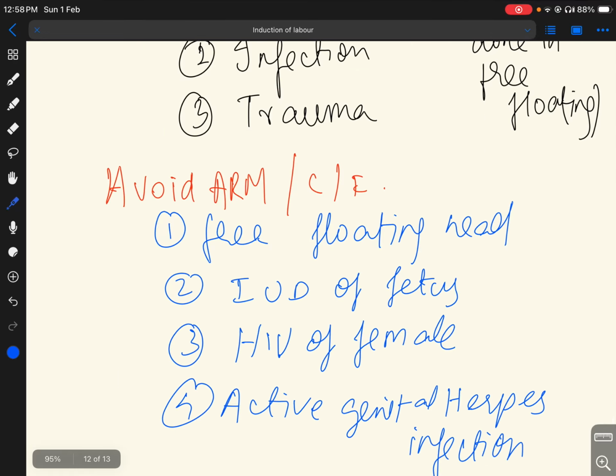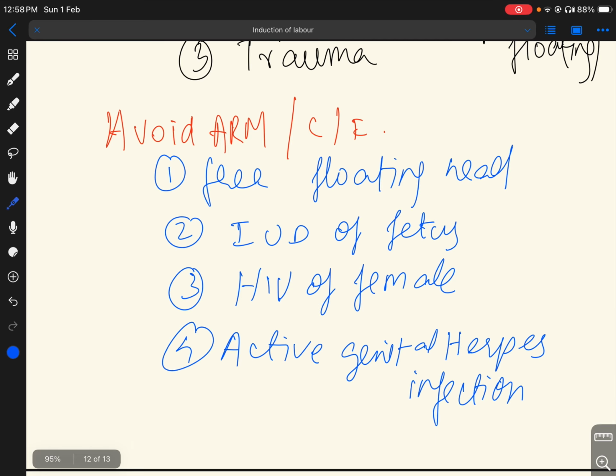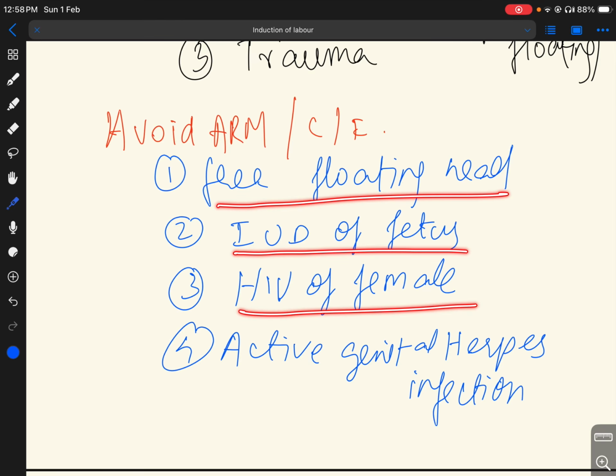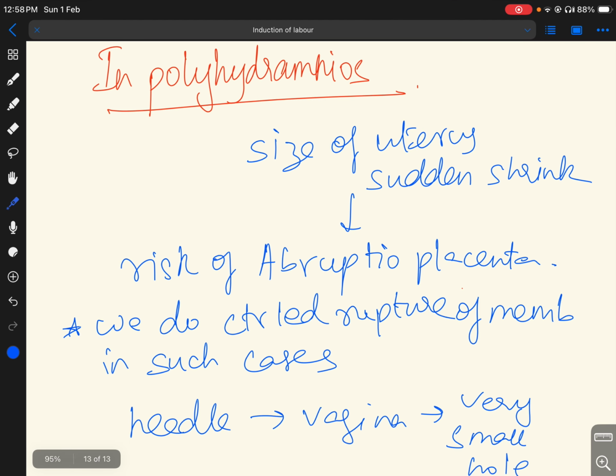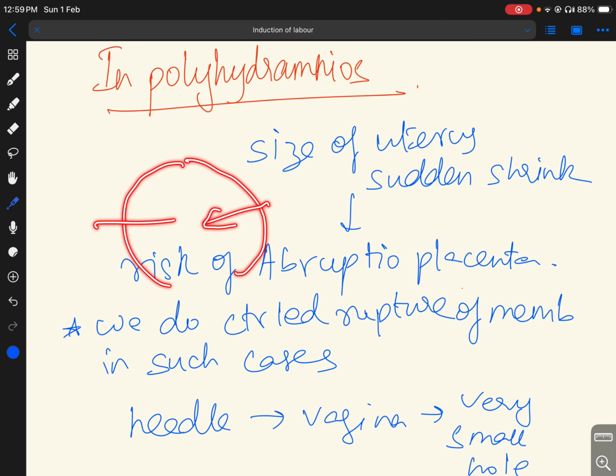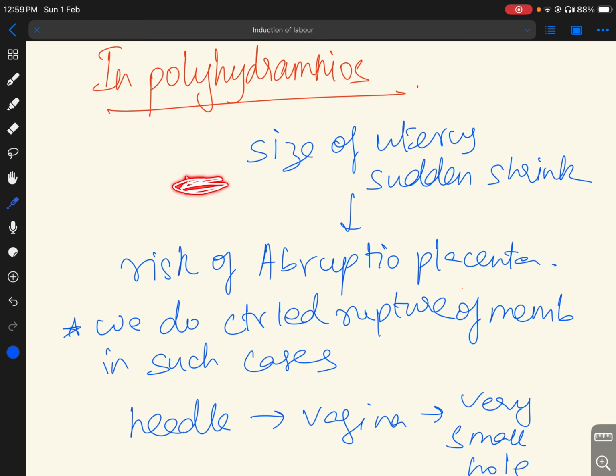Avoid artificial rupture of membrane in case of free floating head, intrauterine death of fetus, HIV of female, active genital herpes infection. In case of polyhydramnios, if you do artificial rupture of membrane, the size of the uterus will be suddenly shrinking. So there is risk of separation of the placenta that we call as abruptio placenta.